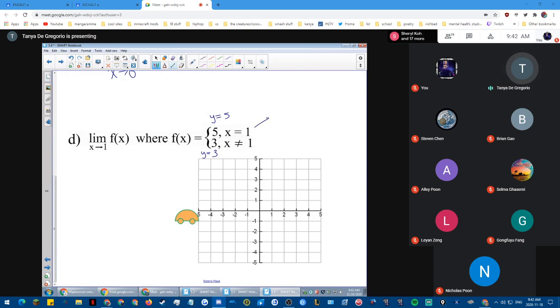And so this is really just the point, 1 comma 5. Now this is a horizontal line going through 3, but it happens everywhere except where x is equal to 1. So there is a hole here. It happens everywhere except. So this is what you have happening here.